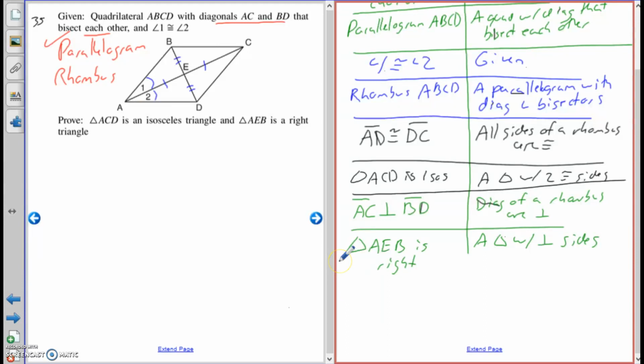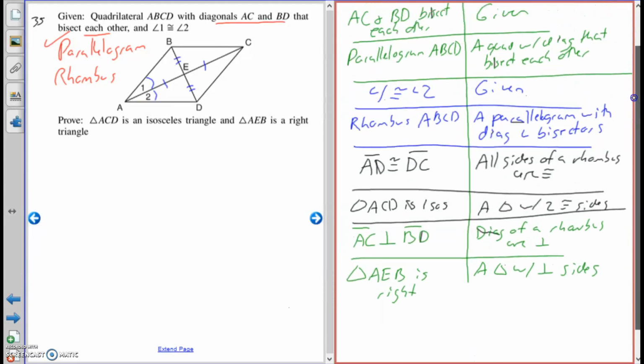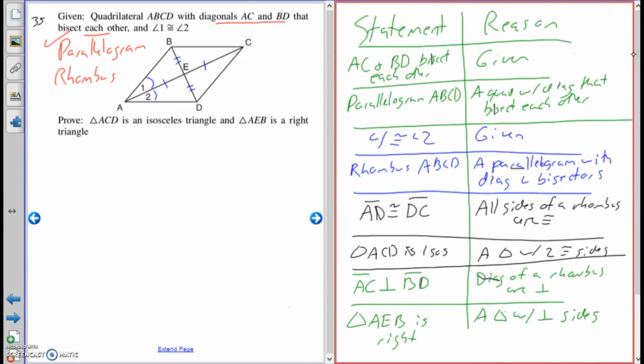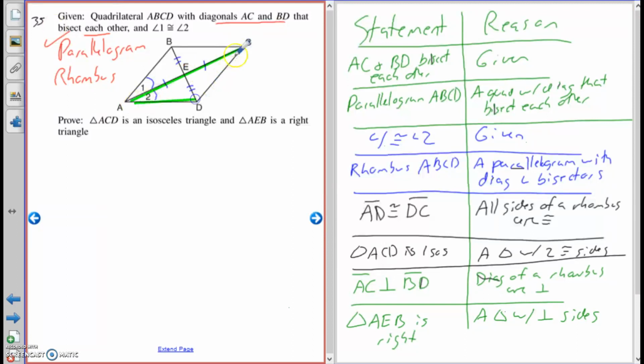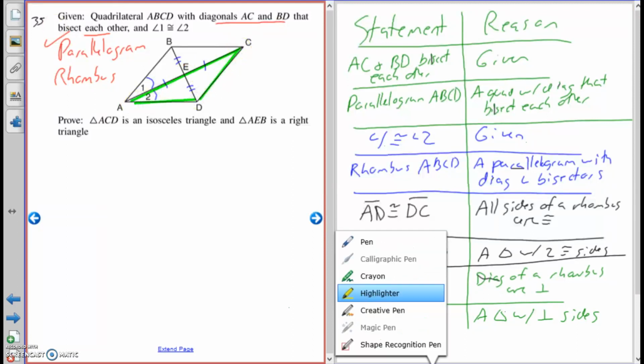So by saying all this, given that the diagonals bisect each other gives us a parallelogram. Given that it's a parallelogram with a diagonal angle bisector gives us a rhombus. And because it's a rhombus, adjacent sides are congruent, which means that this triangle is isosceles because it's got two congruent sides.